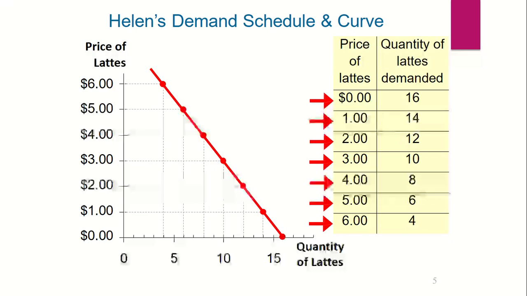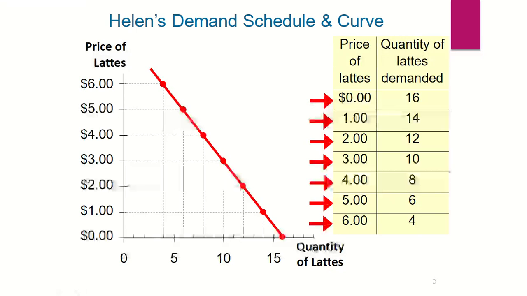You can see that price ranges from $0 to $6, and quantity ranges from 0 to 15 and onwards up till 16.